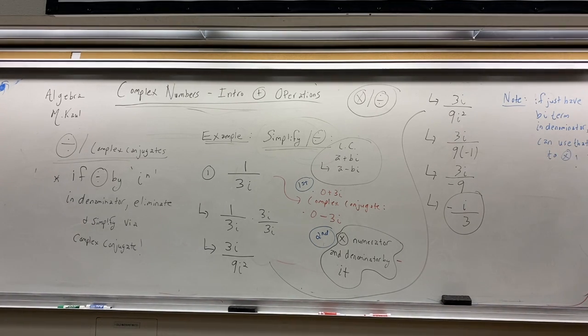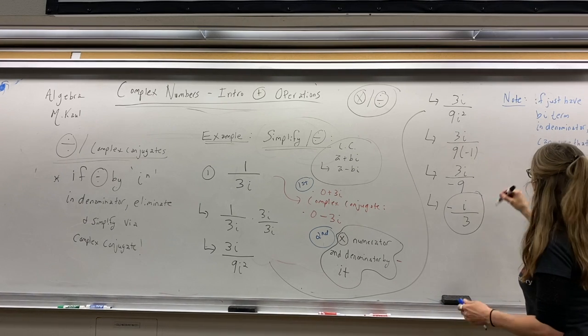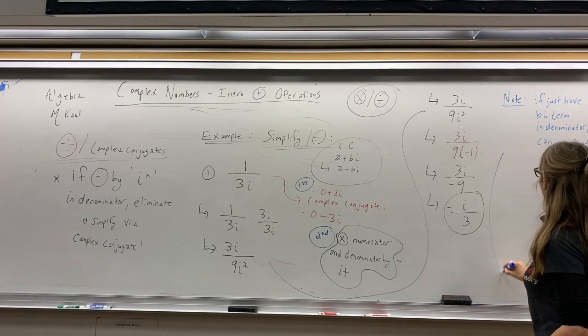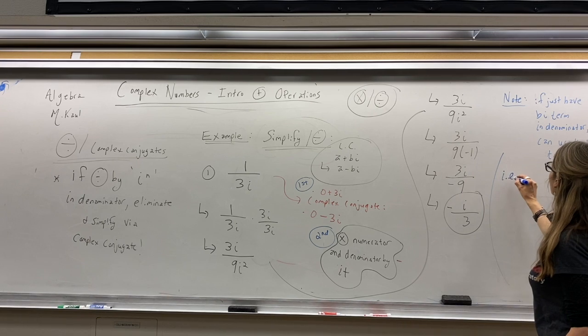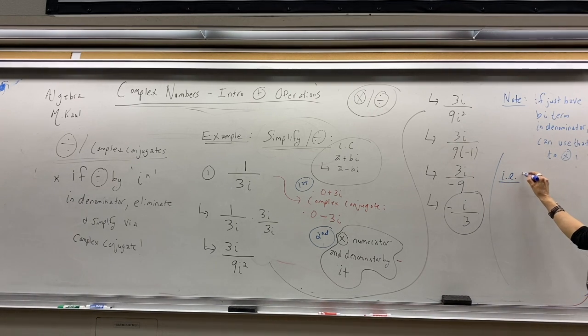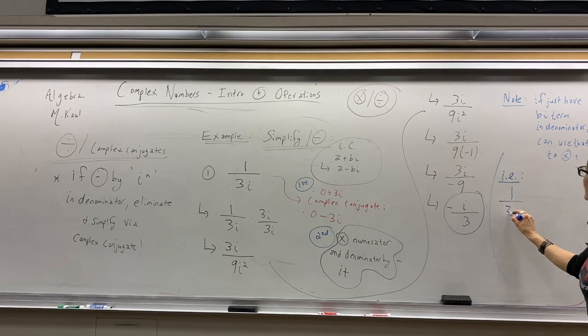You don't have to do the negative. So, for example, just a little variation on this problem, if you had 1 over 3i, I could just multiply by 3i, or actually I could just multiply by i over i.